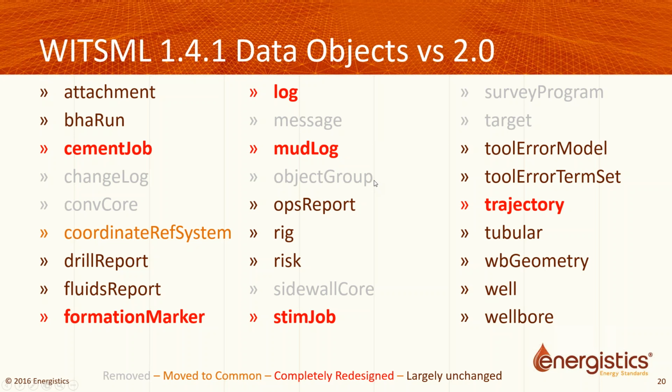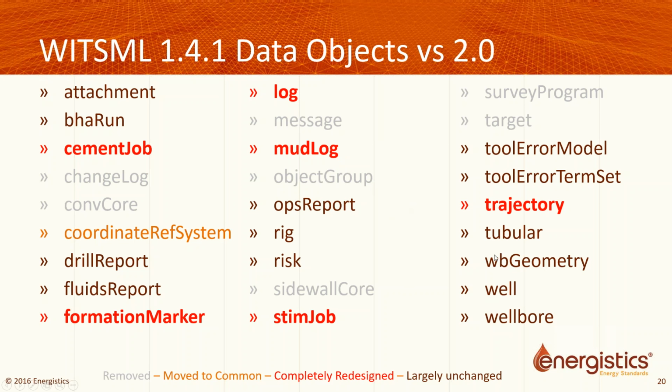If you see something on the list in gray that you think is really important to you, be sure and raise that up through your representative at Energistics, and we'll see about engaging a group to bring some of those back into WITSML. The objects in red have been basically completely redesigned. So that functionality still exists in WITSML 2, but it's in a different form.